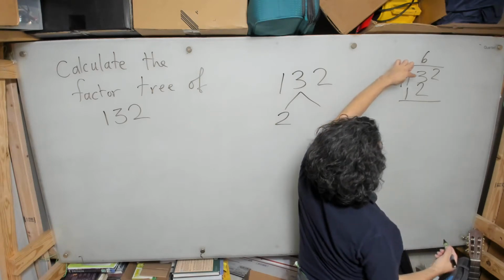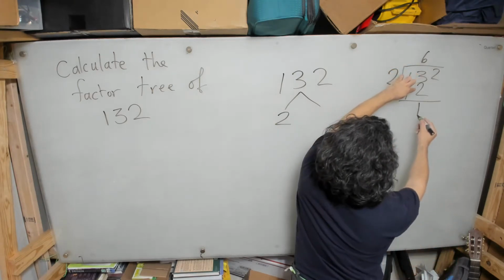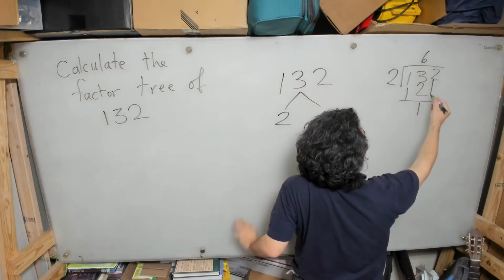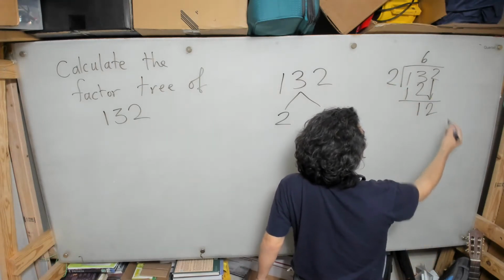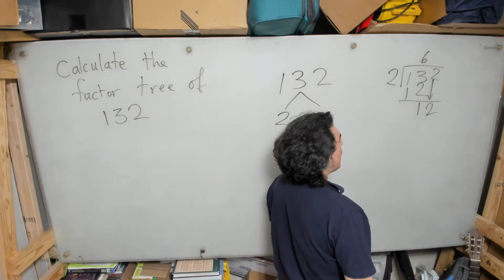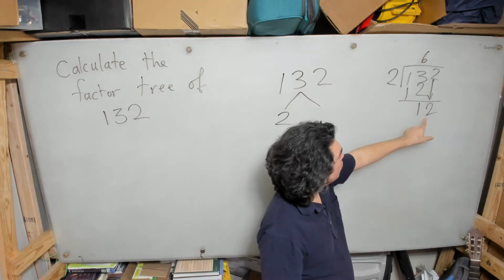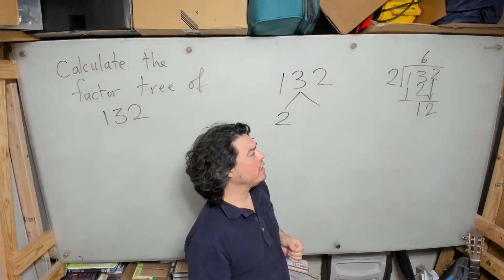And I ask myself, what is 3 minus 2? That's 1. What is 1 minus 1? 0. So I don't have to put it. And then I bring down my digit like this, 2. I then ask the question, how many times does 2 go into 12? We know that that's 6.